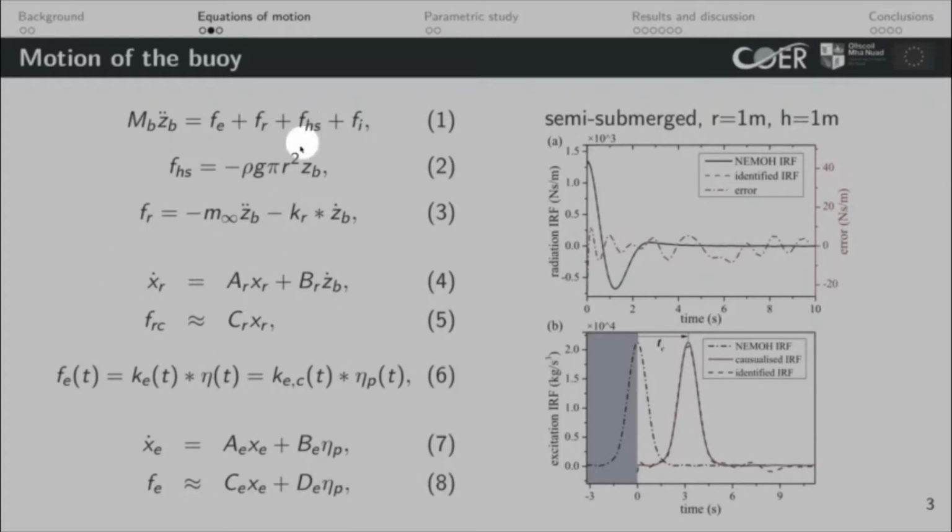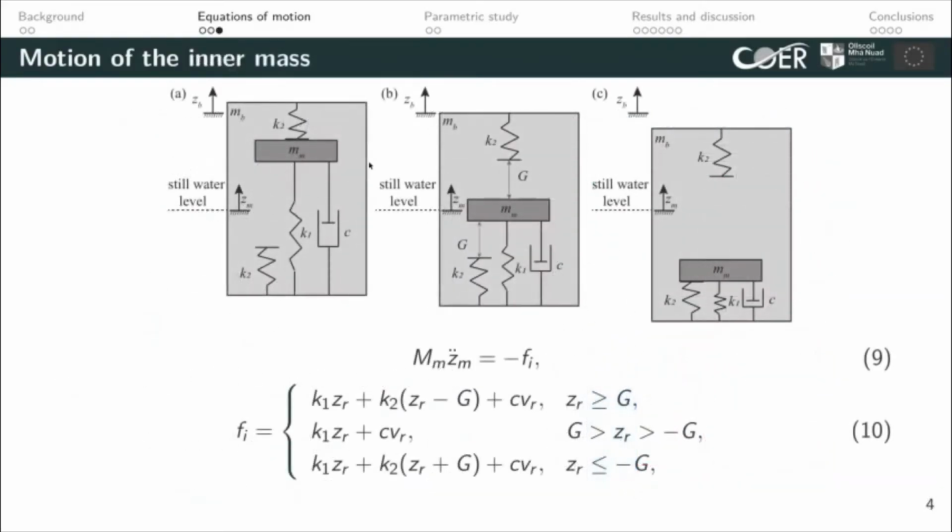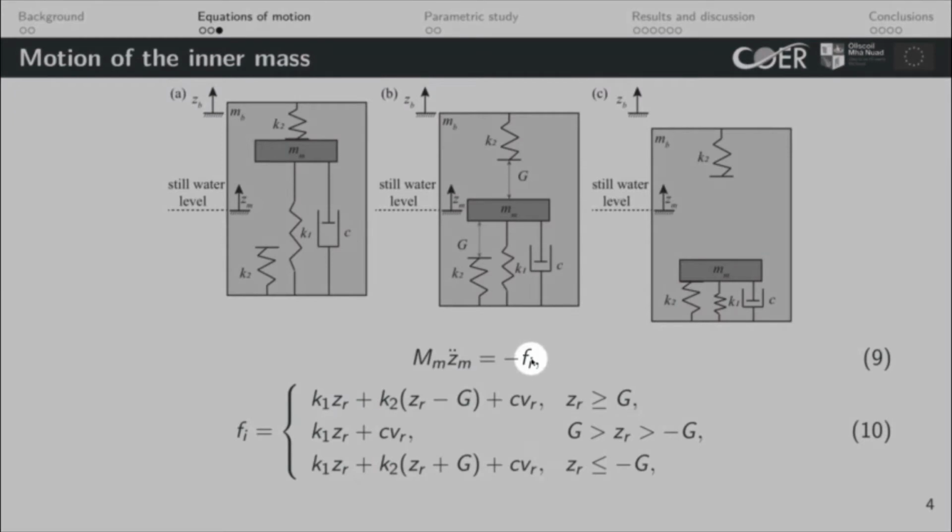For a cylinder, the hydrostatic force is simple. Fi means the interaction force between the buoy and the inner mass. The movement of the inner mass is quite simple. It is only governed by the interaction force. However, the interaction force depends on the relationship between the relative displacement and the gap.